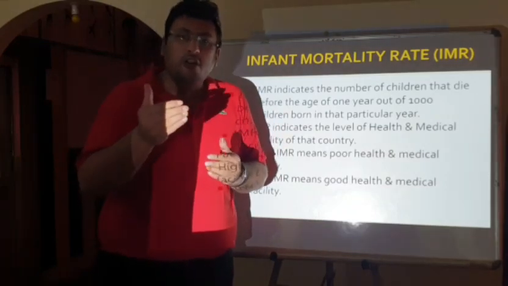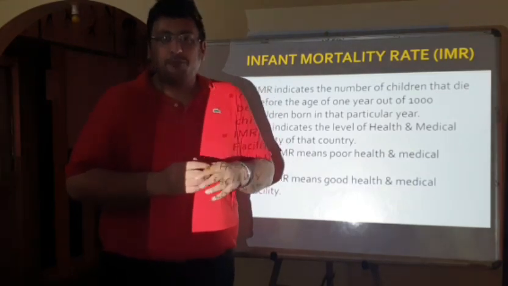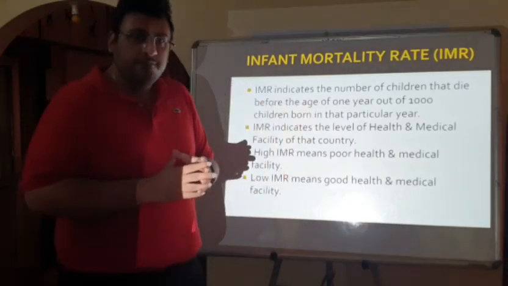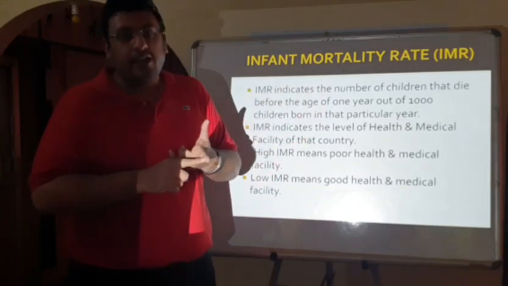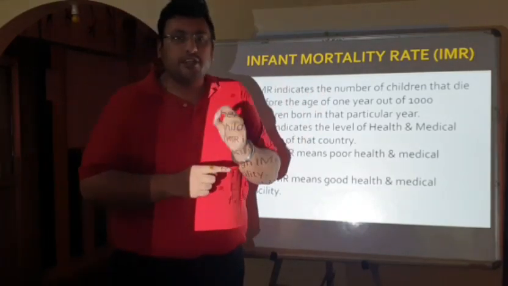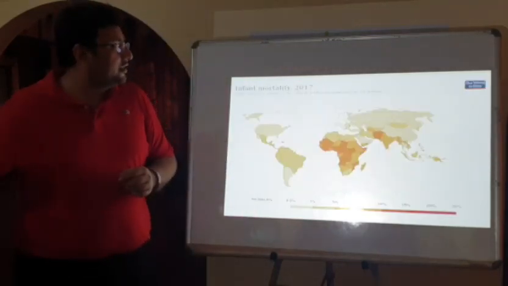Therefore, the child is not dying. Therefore, infant mortality rate is the second aspect on which we will compare two different states or countries. First was per capita income, second is infant mortality rate, which shows us the health and medical facility of that region. Let us see what does the world graph tell us.